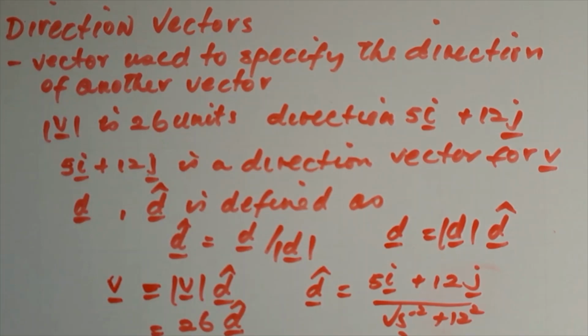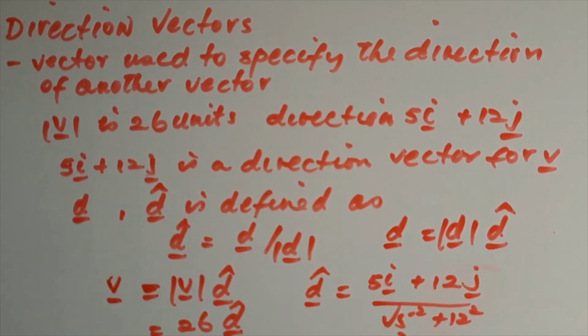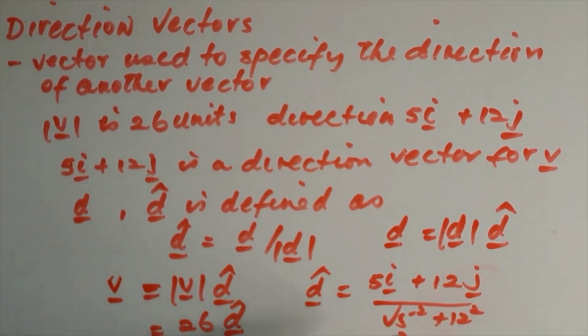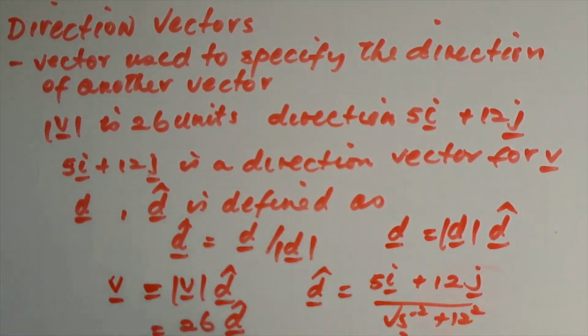So just to recap, we have the unit vector d hat in the direction 5i + 12j, and all we've done is calculate this unit vector, because we have the vector d divided by its magnitude, which is the root of 5 squared plus 12 squared.